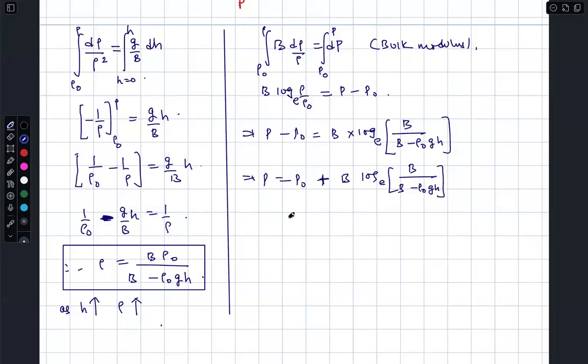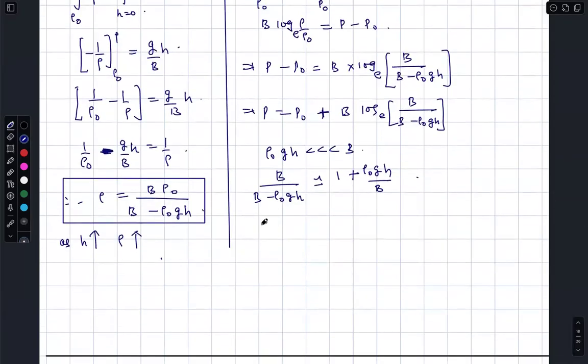Sometimes what we can observe is that when rho naught g h is much, much smaller than B, B by B minus rho naught g h can almost be written as 1.